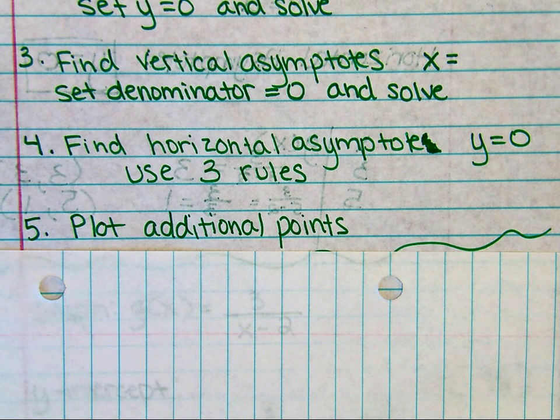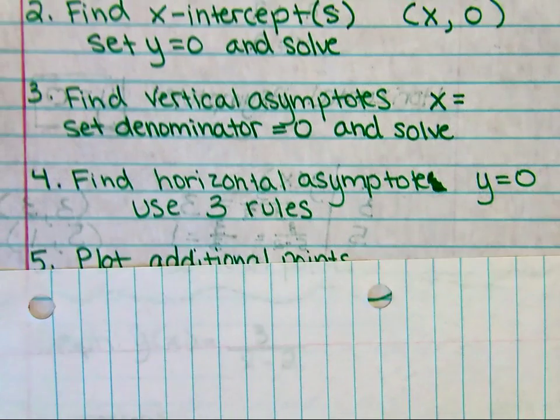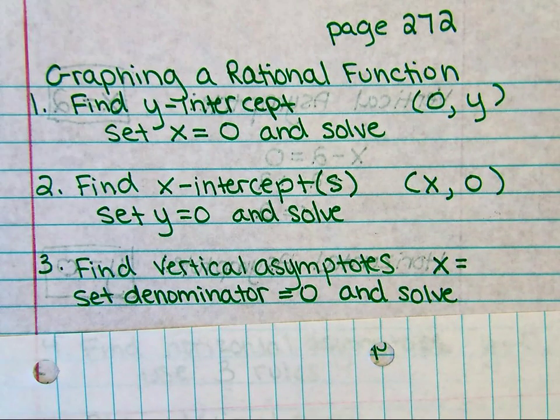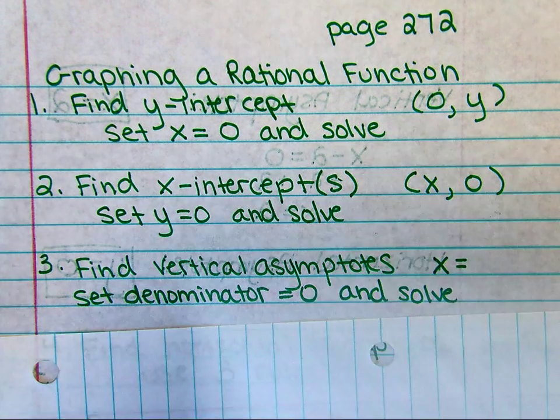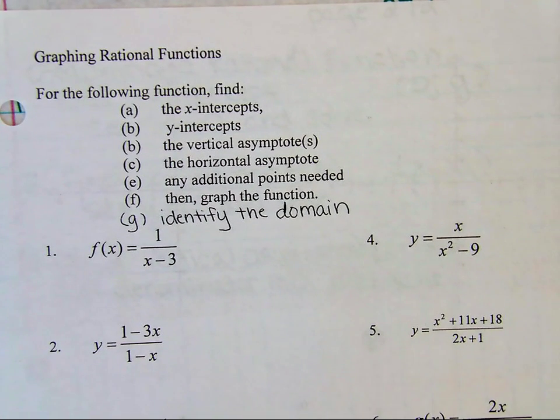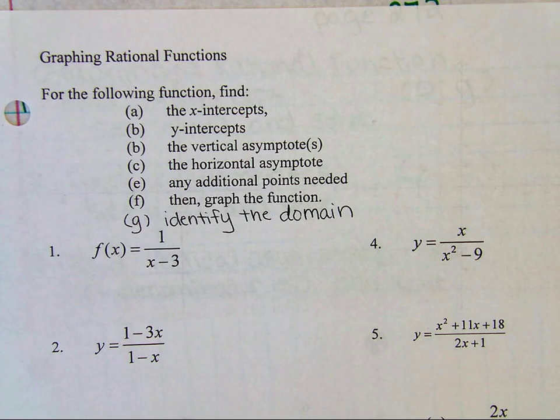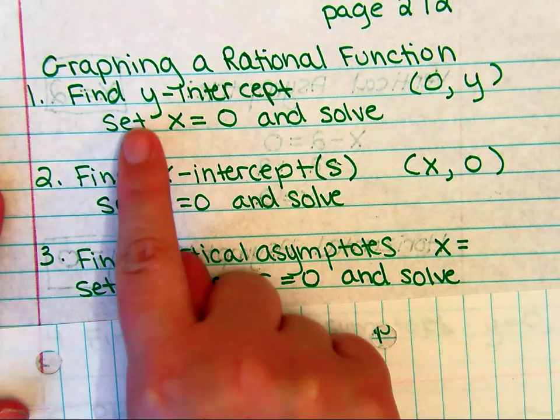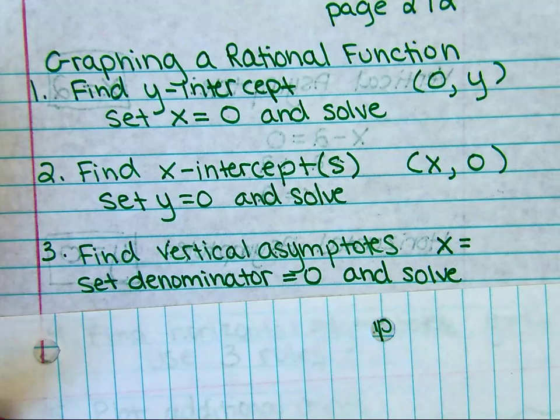Okay, so we have quite a few things we have to do here, but this is how you graph a rational function. This is on page 272. If you forget the steps, again, they're on the note sheet that I'm about to go to and do a couple of examples for you. But I just wanted, if you have forgotten how to find a y-intercept, to quickly go through how you do that. Okay?